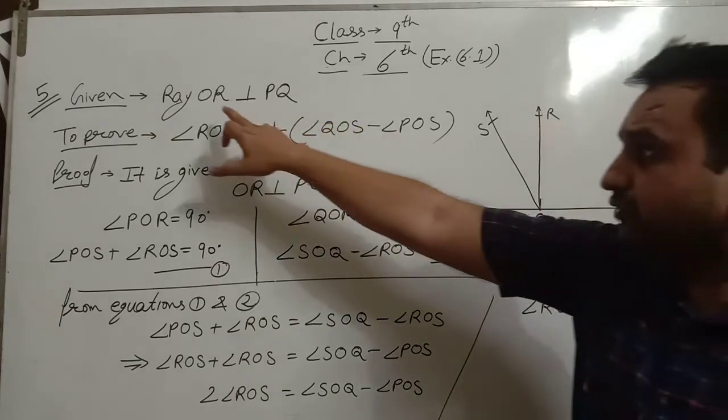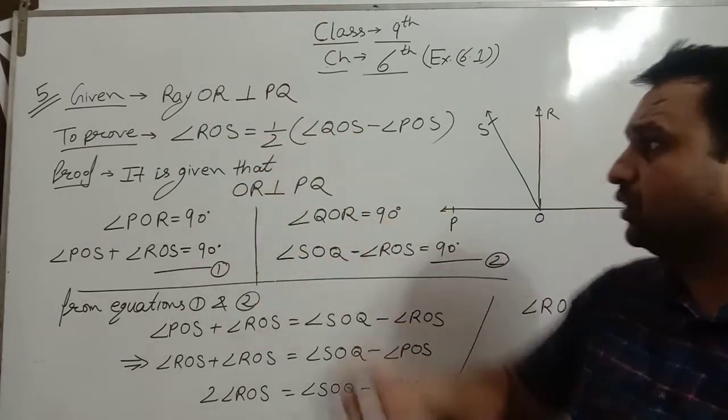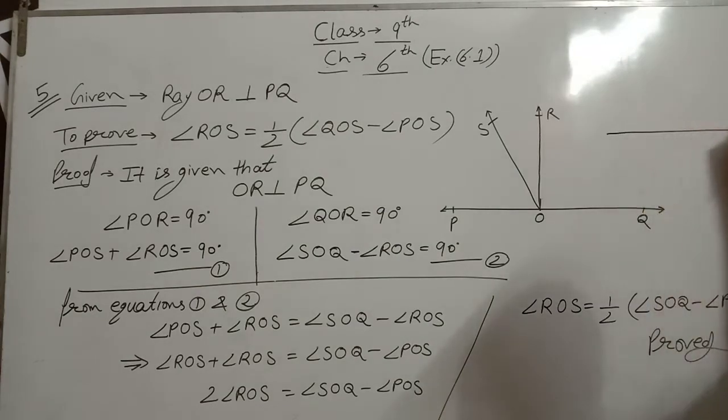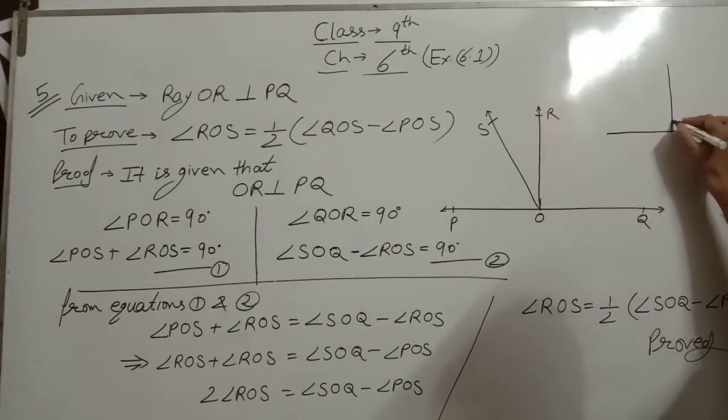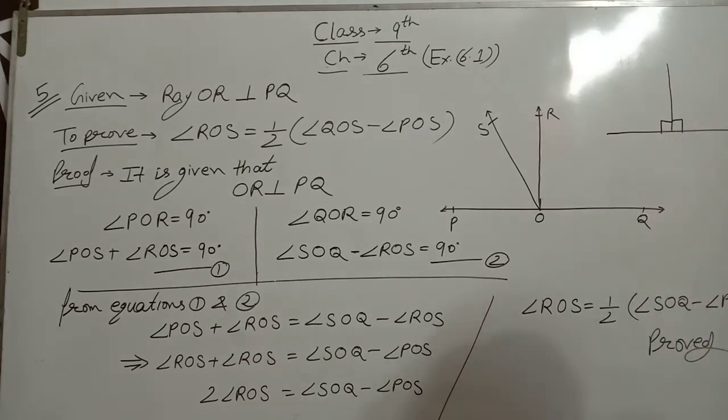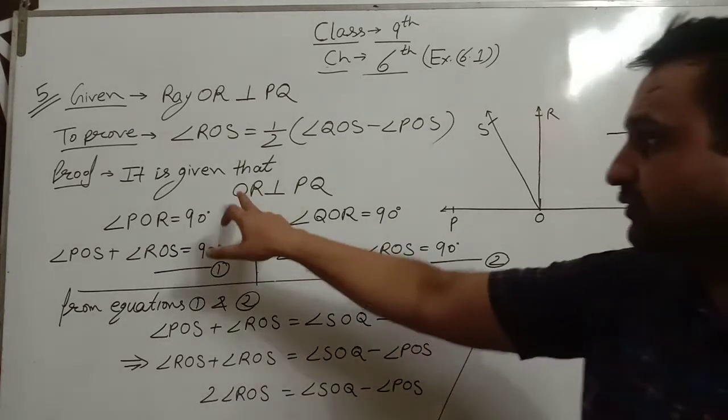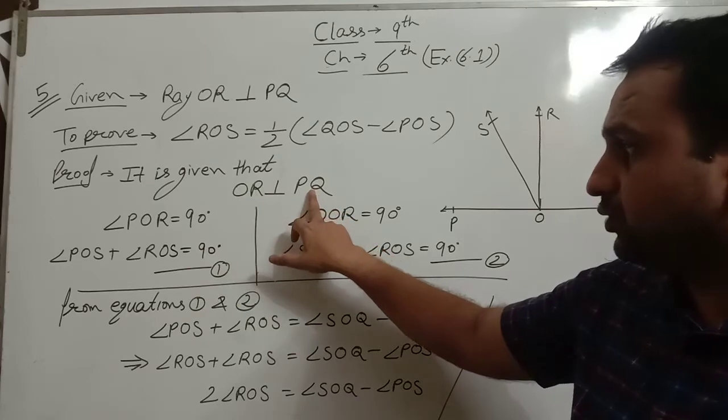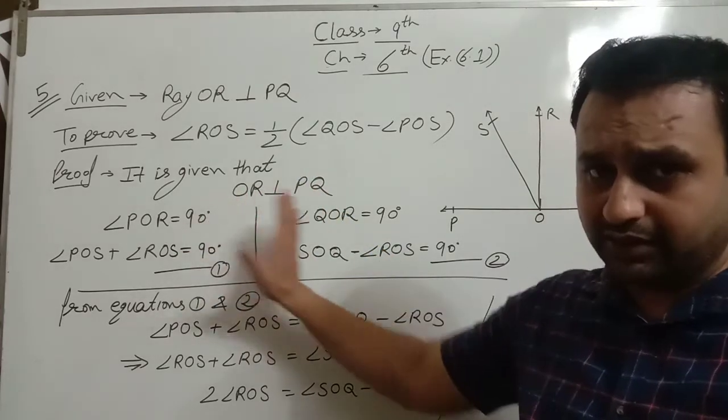Remember, if a ray is perpendicular to a line, then they make a 90 degree angle on both sides. So it is given that OR is perpendicular to PQ, we divide into two parts.